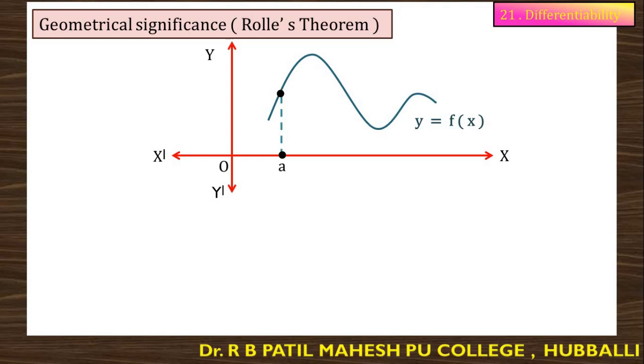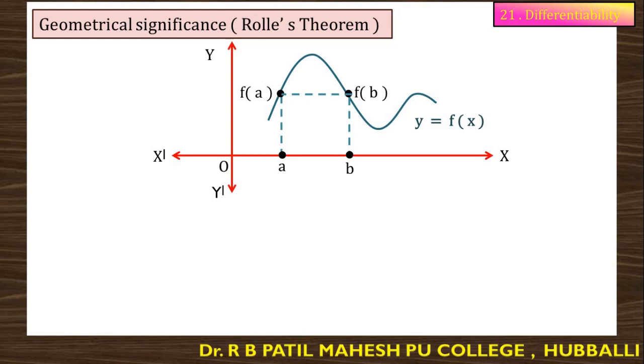With respect to a, this is the function value f of a. Therefore, the point on the curve is f of a, and b is a point on the x-axis, and this is the point on the curve, f of b. Now these two are equal, meaning we get a horizontal line.